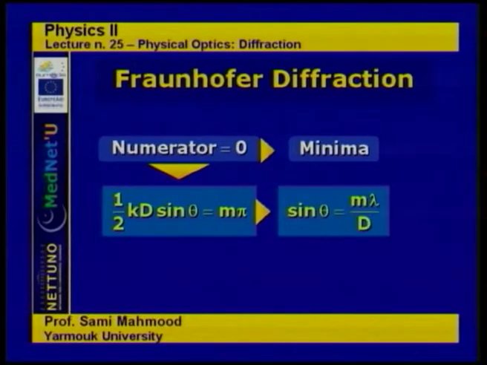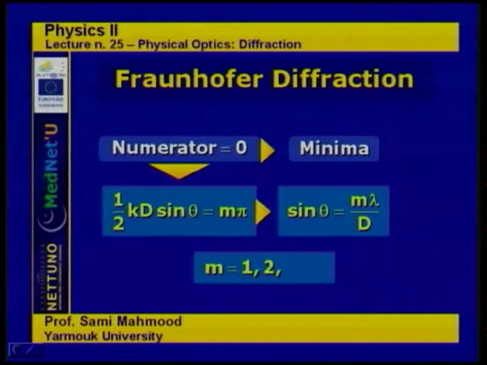That means the locations of the minima are at sine theta equals m lambda over d, where m here is the index that's running 1, 2, 3, and so on.